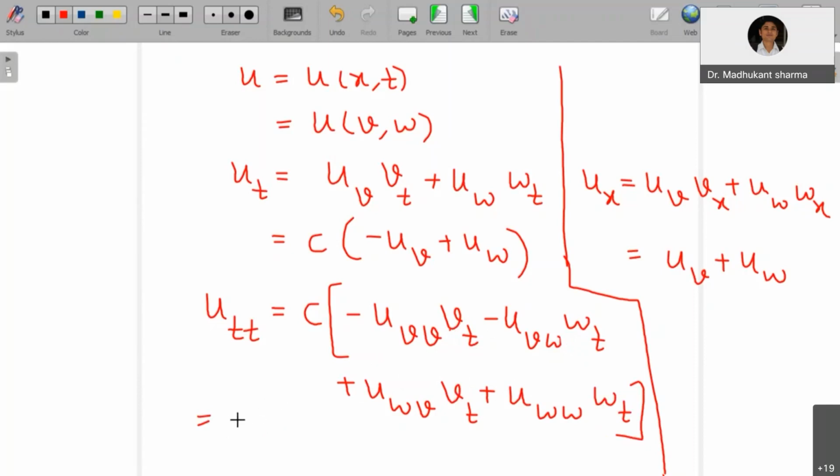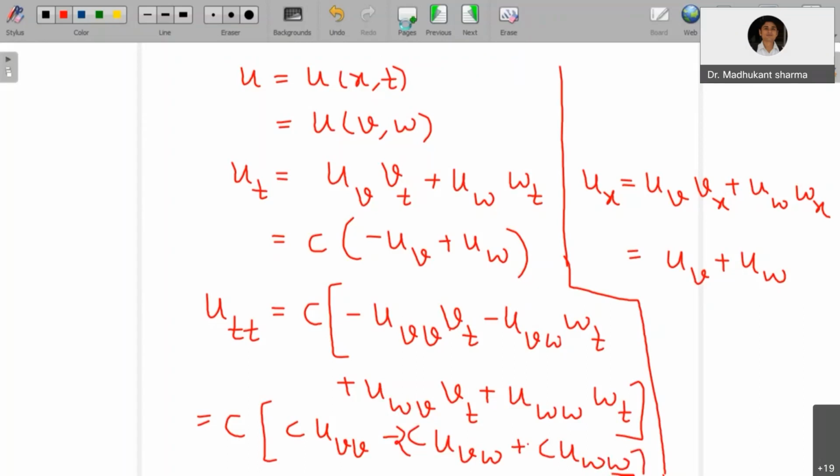So this is going to be c times, minus minus plus c times u_vv minus c times u_vw, plus c times, minus c times u_wv, or u_vw, both will be the same because we assume that u is differentiable, has continuous second order partial derivatives, and so on. Those conditions are satisfied. So that's going to be 2c u_vw plus c times u_ww.